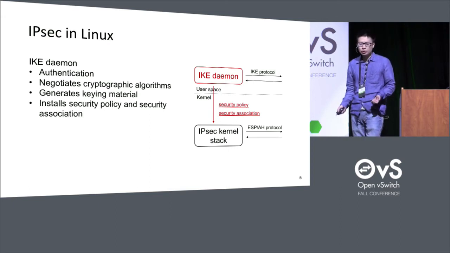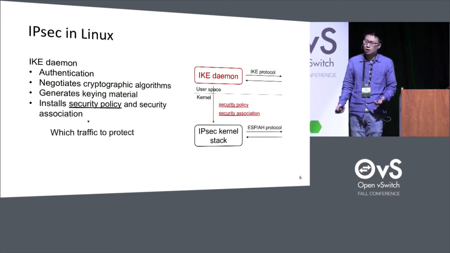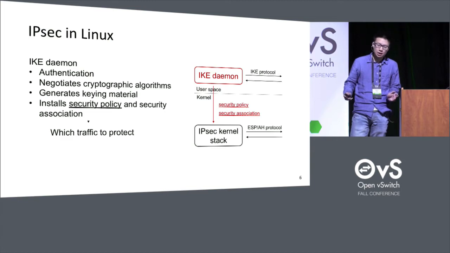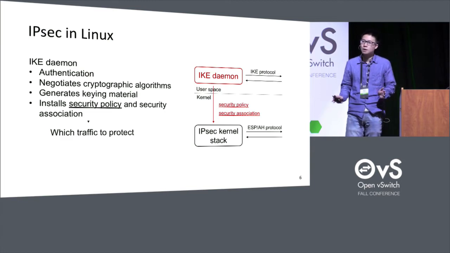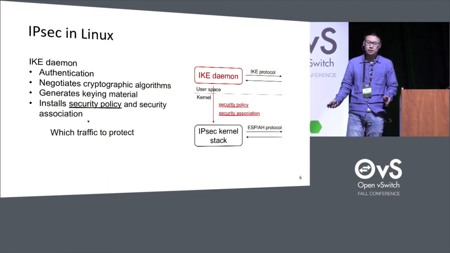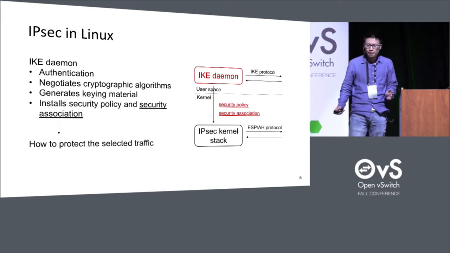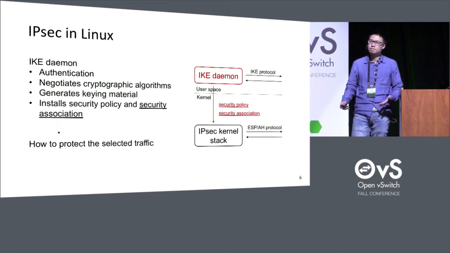The security policy tells which traffic IPSEC is going to protect. It matches on different fields of your IP packets to decide whether to protect this IP traffic or not. The security association contains the cryptographic algorithms you're going to use, and also the symmetric keys.